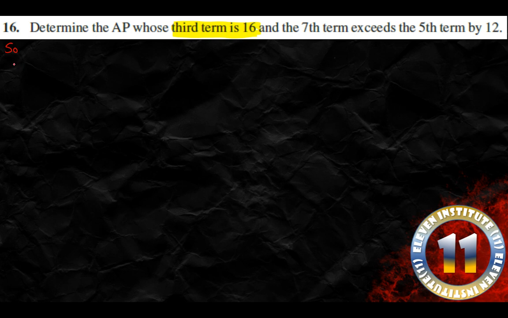Sorry, we will change the color of pen. Yes, so let us check the solution and let us write what is given to us.